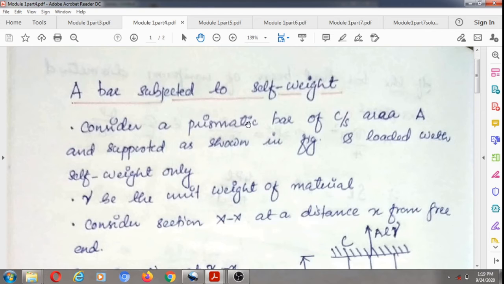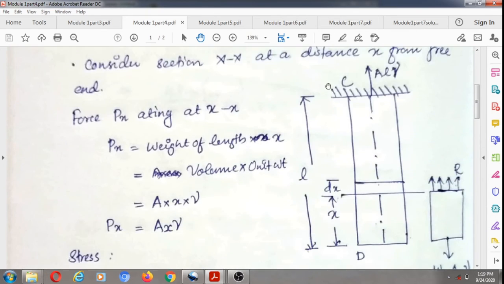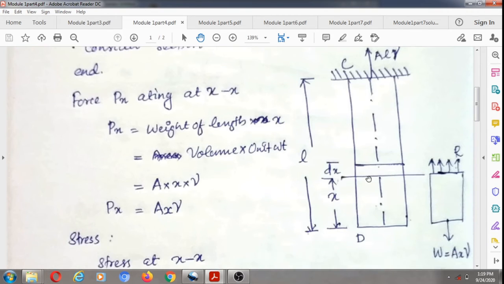First of all, consider a prismatic bar of cross-sectional area A, supported as shown in the figure and loaded with its self weight only. Here this is our bar, and there is no external load; only its weight is acting on the bar. Consider a small element at a distance x, where dx is the small elemental length.